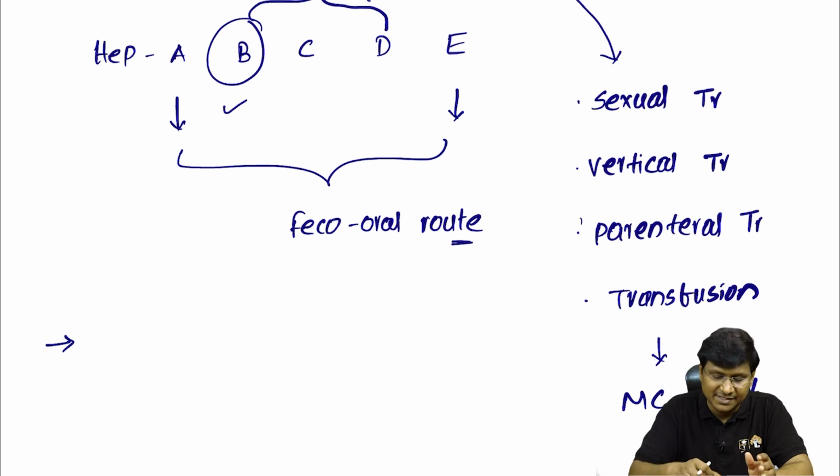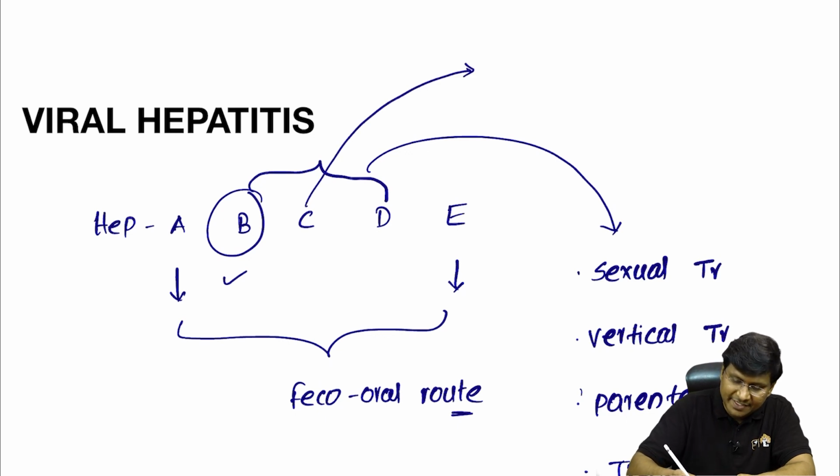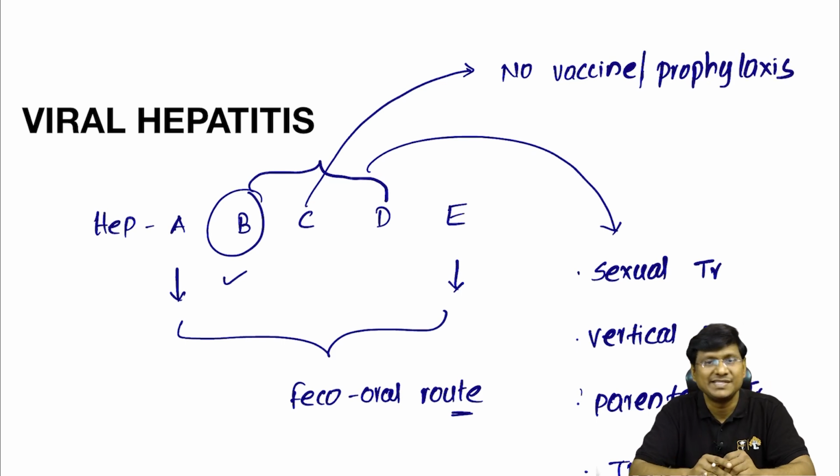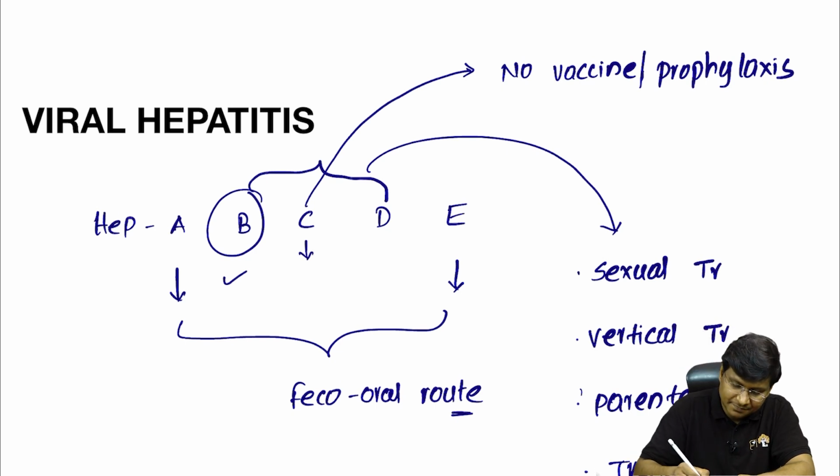Which viral hepatitis does not have a vaccine or prophylaxis? Hepatitis C, there is no vaccine, and there is no prophylaxis for hepatitis C. And which virus has the highest malignant potential, that is hepatocellular carcinoma?